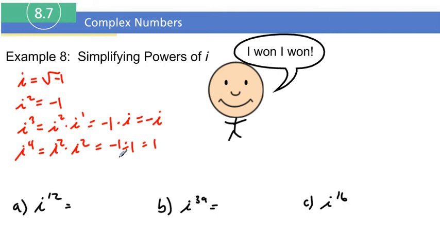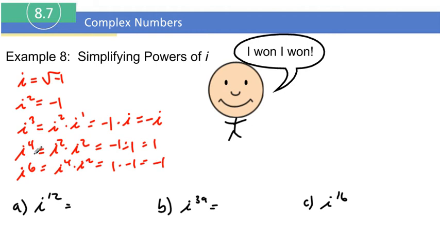If we continue, we'll do i to the power 6. We can write this as i to the power 4 times i to the power of 2. I to the power of 4 is 1, and i squared is -1, so i to the power 6 is going to give us -1.